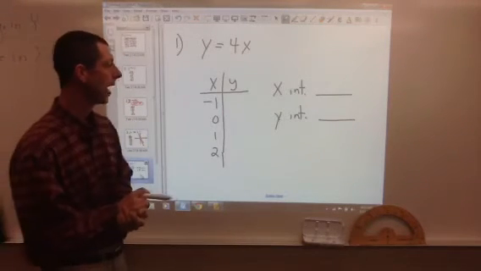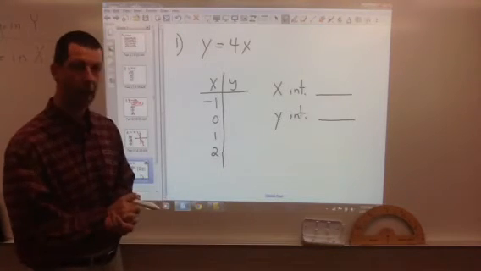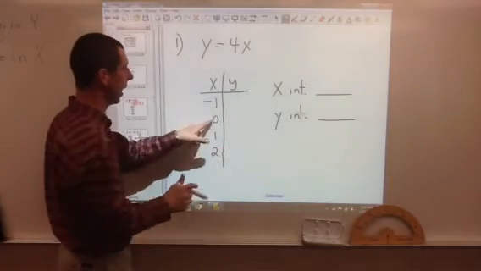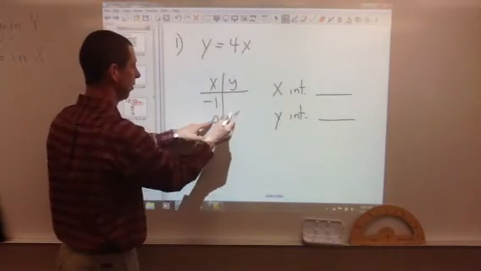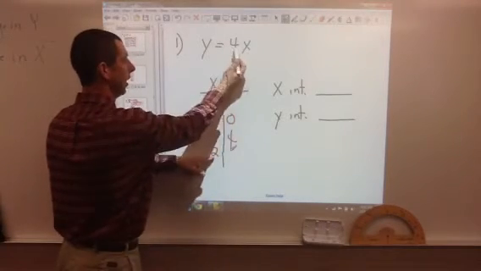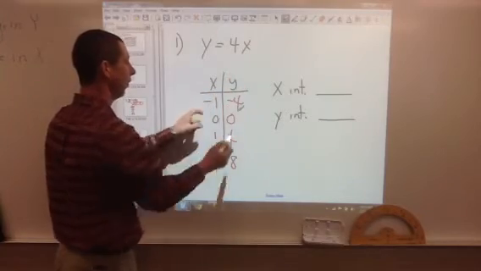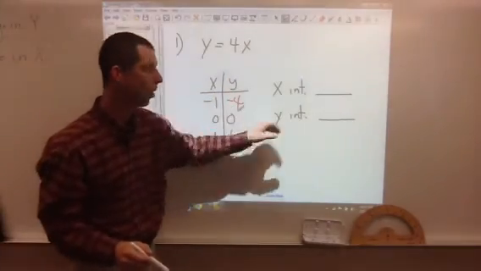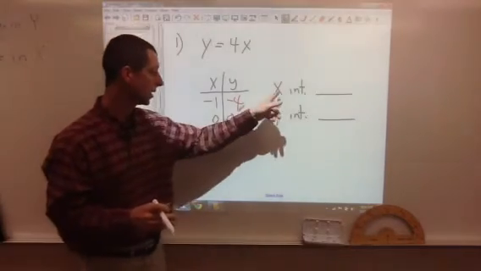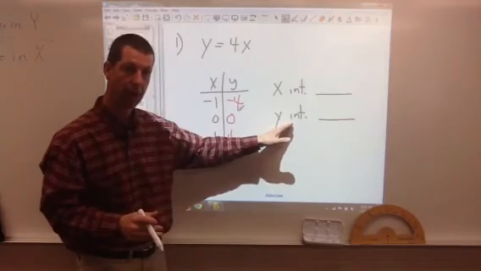Another thing you're going to have to be able to do is to find the x and y intercept. So first of all, let's fill in this table quickly. I put 0 in, I get 0. I put 1 in, I get 4. I put 2 in, I get 8. I put -1 in, I get -4. Now the x and y intercepts are the coordinates where the line crosses the x-axis and where it crosses the y-axis.